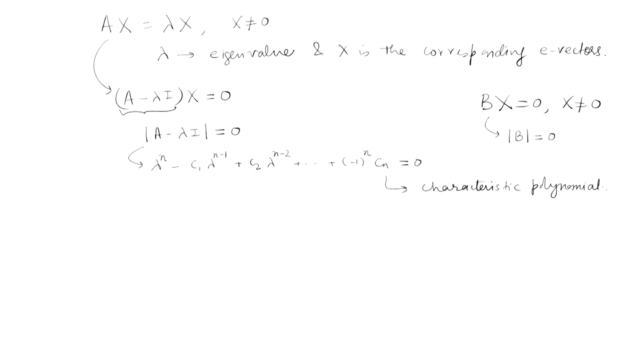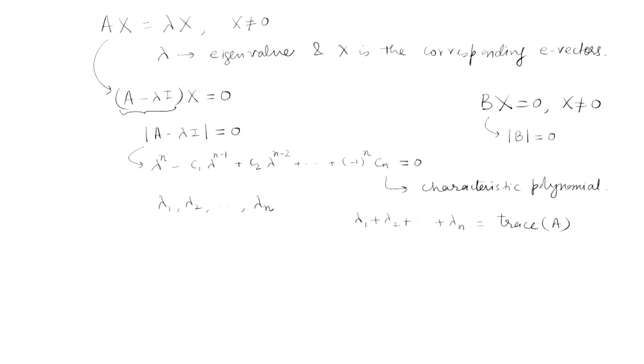So, how many roots is this equation having? This equation is having n number of roots. Suppose the roots are lambda 1, lambda 2 up to lambda n. Roots may be distinct, roots may be real, roots may be complex. Okay. Some roots are equal, some are distinct, anything. Now, we have already discussed that the sum of the eigenvalues is equal to the trace of the matrix.